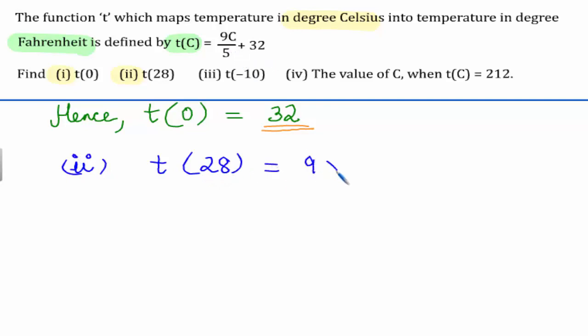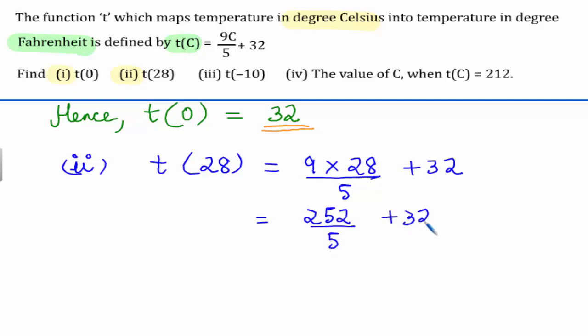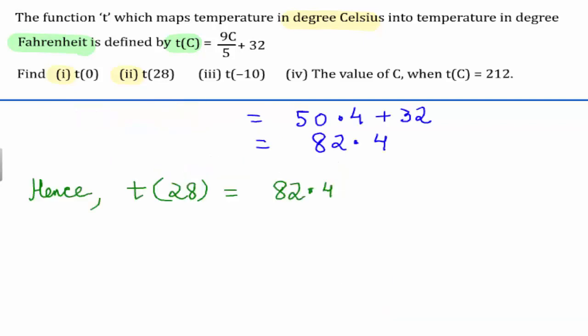So we will have 9 into 28 by 5 plus 32, which is equal to 252 by 5 plus 32, which is equal to 50.4 plus 32, that is equal to 82.4. Hence, the value of T of 28 will be equal to 82.4.